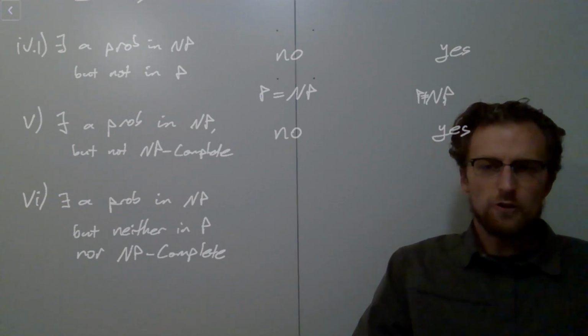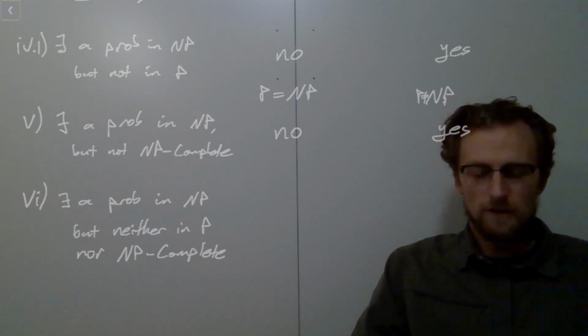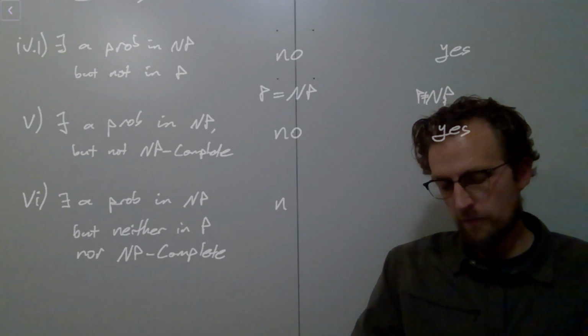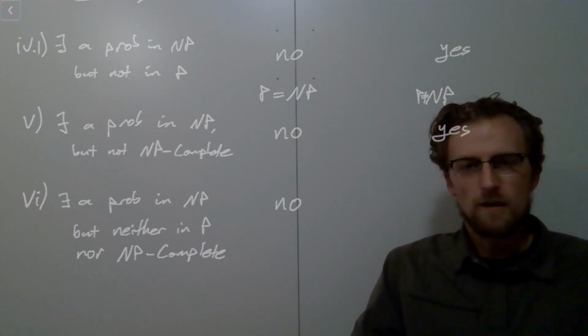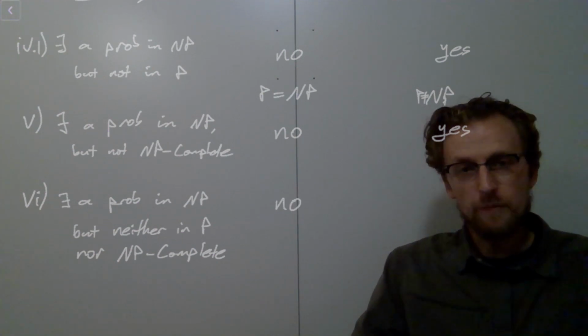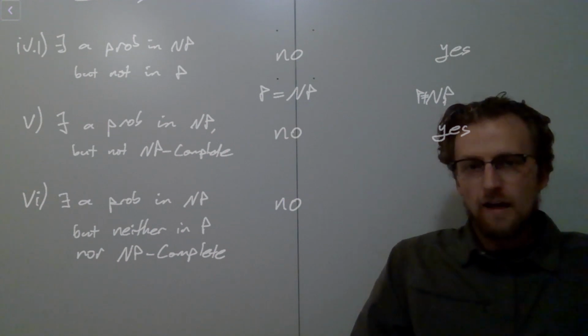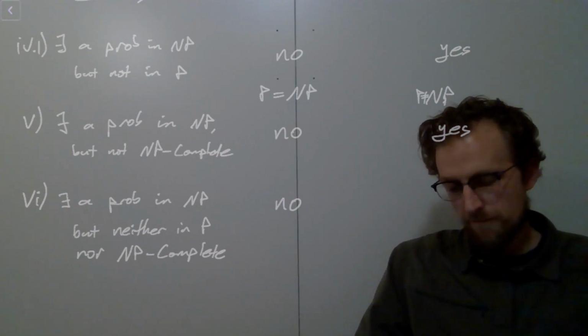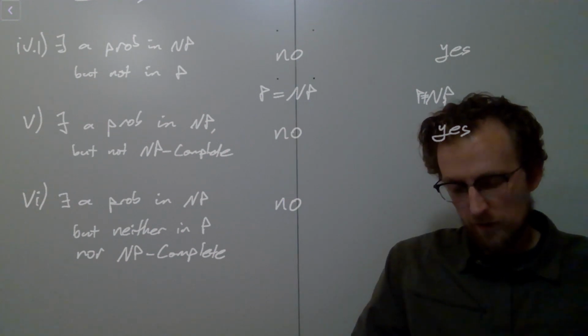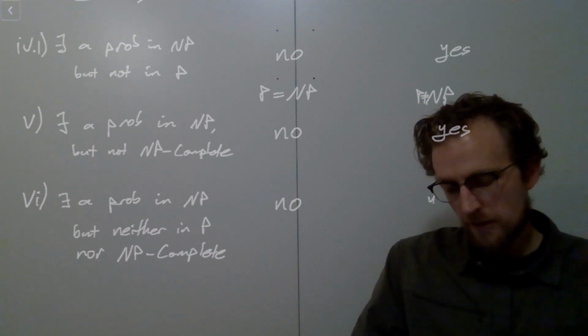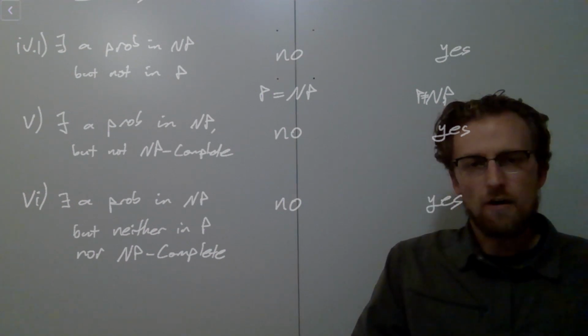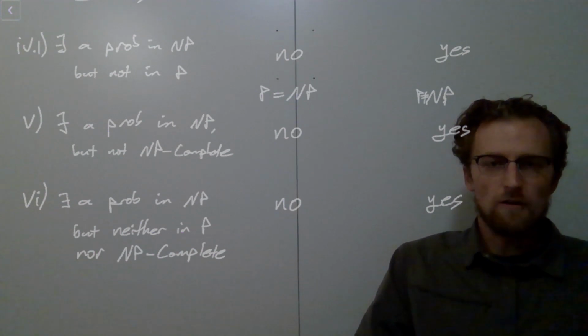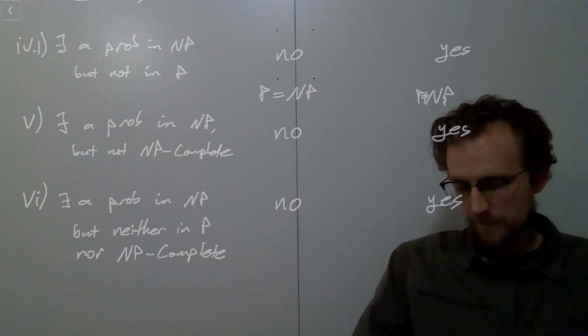And it turns out the answer to this is kind of surprisingly weird. The answer is no if P equals NP, and that one's obvious, right? Because if P equals NP, then NP complete is also equal to P, and you have that they're all the same. On the other hand, it turns out the answer here is yes, that there have to be intermediate problems if P and NP are distinct.